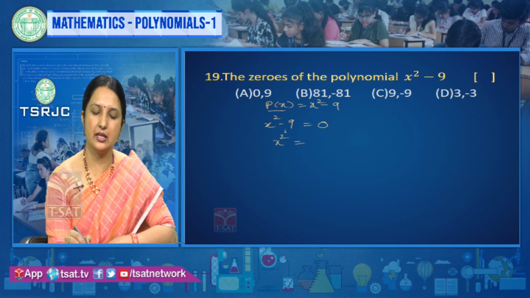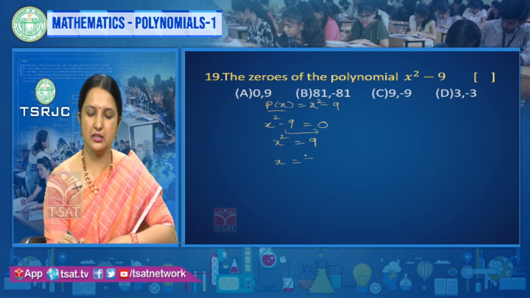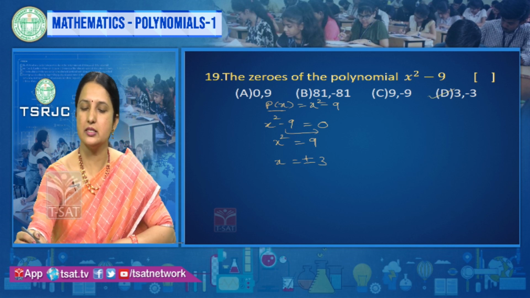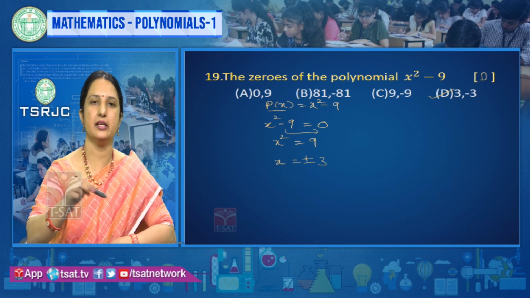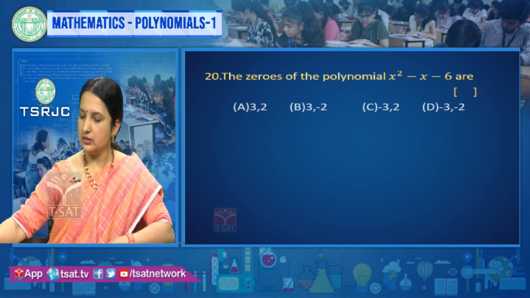When minus 9 comes to the right side, it will become plus 9. So x equals plus and minus 3. So x equals plus 3 and x equals minus 3 is the correct answer. So D is the correct answer. Or else you can substitute.